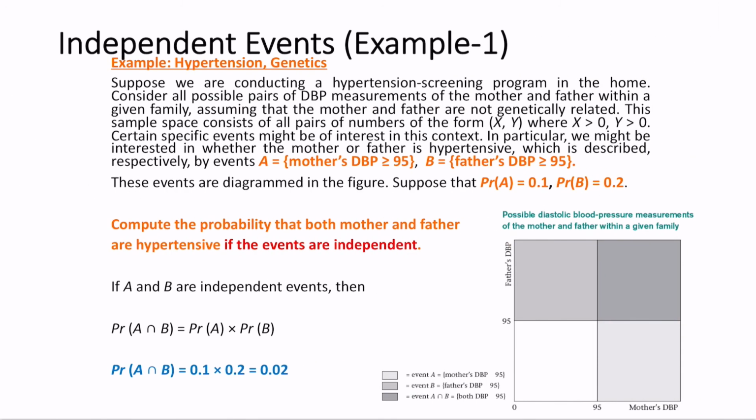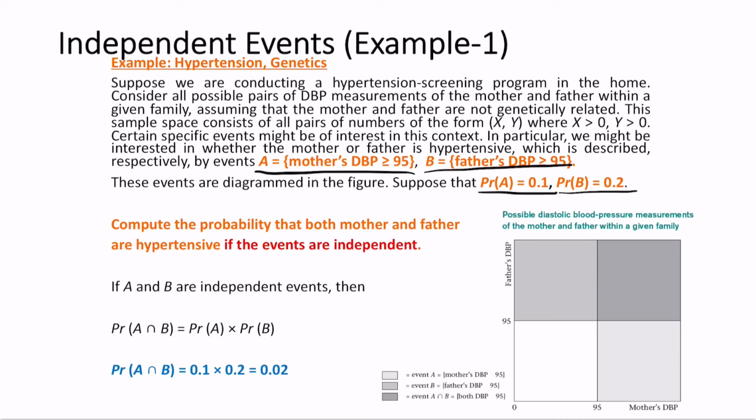Now let's go into the next one. Let's take a simple example here. Let's consider A as the event of the mother's diastolic blood pressure being greater than or equal to 95, and B as the father having a diastolic blood pressure greater than or equal to 95. Here the probability of the mother's hypertension is 0.1, and the probability of the father's hypertension is 0.2 in a given set of data.